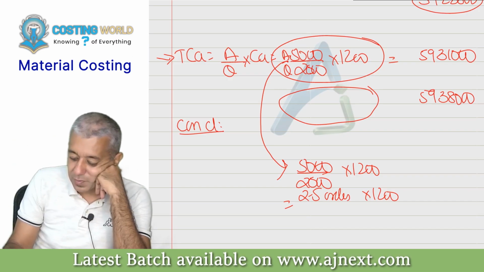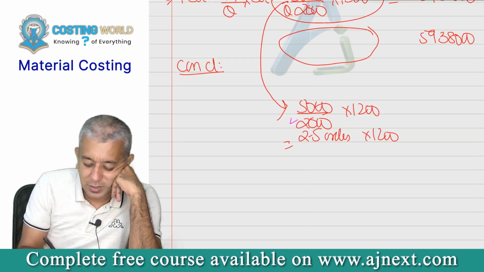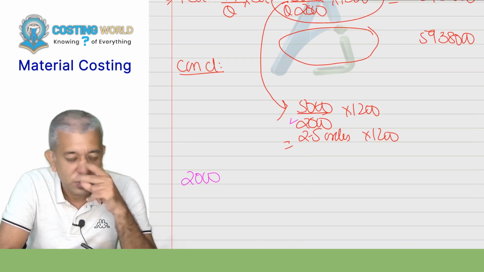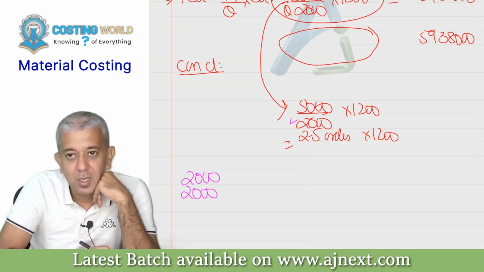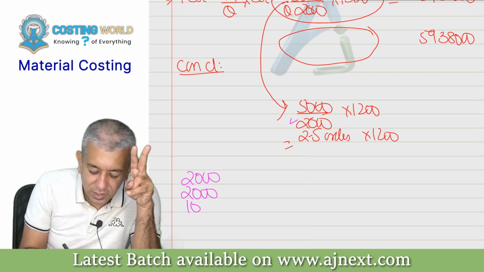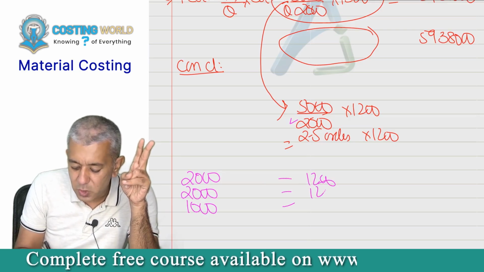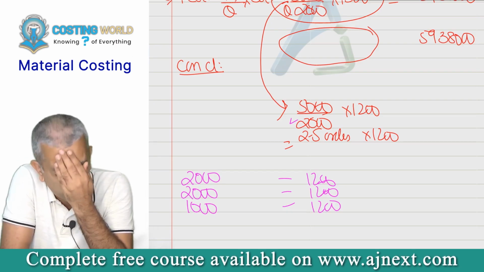So what that boy had tried to tell me was something like this, sir. First time you order, you will be ordering 2,000. Second time you order, you will be ordering 2,000. Third time, even if you order 1,000, can we say my transportation cost in any case will be getting incurred for 3 orders, no? Yes, sir.